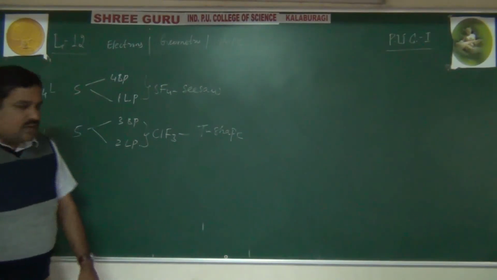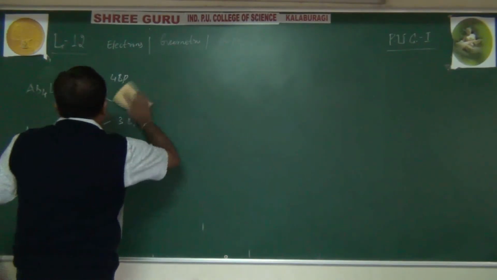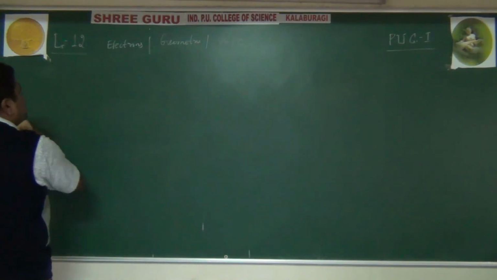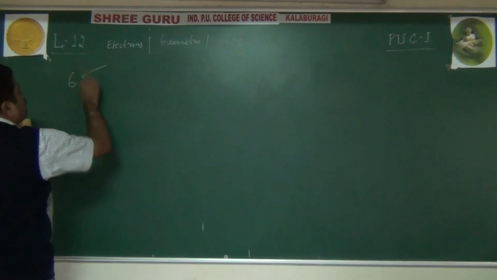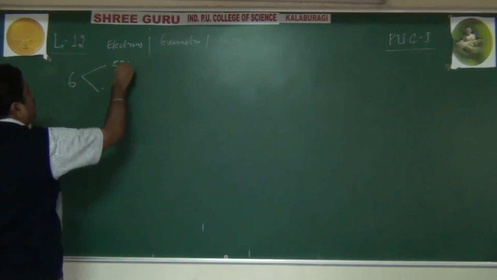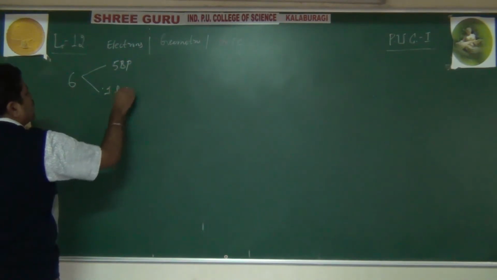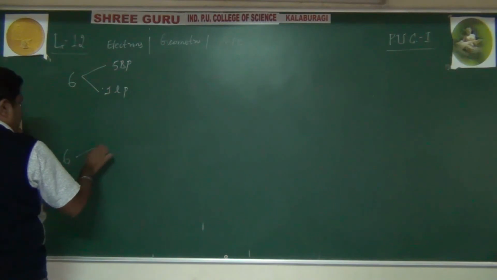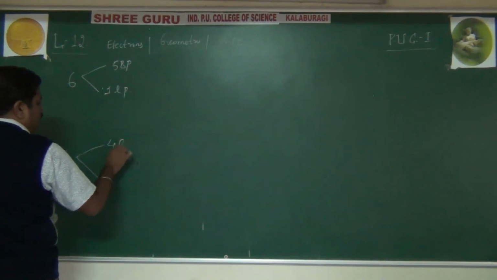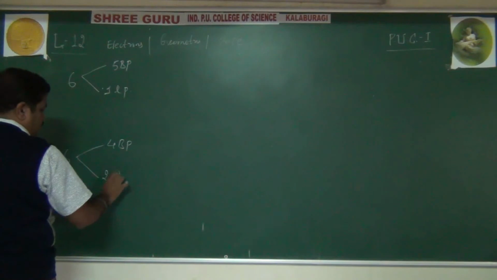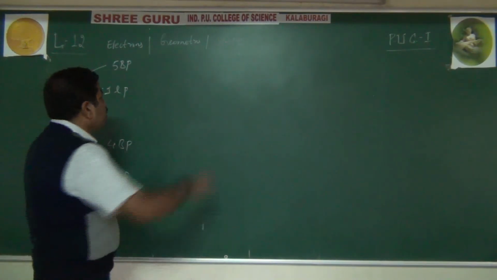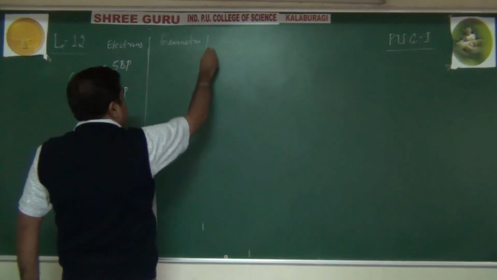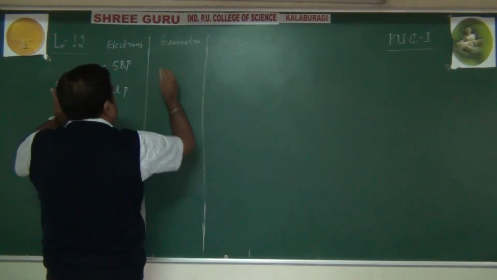Okay. Now coming to lastly, 6. The number of electron pairs is 6. Here also there is 5 bonding pair, 1 lone pair, we have 1 chance, and 4 bonding pair and 2 lone pairs. If there is the actual, real geometry, it should be octahedral once again.